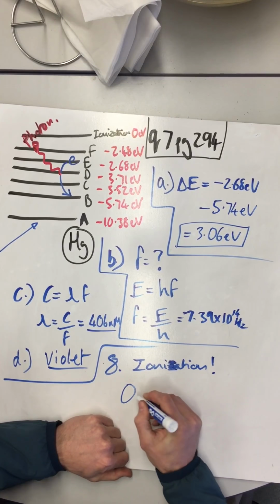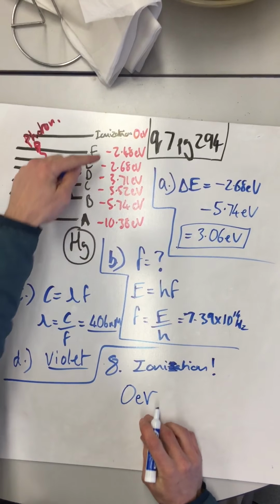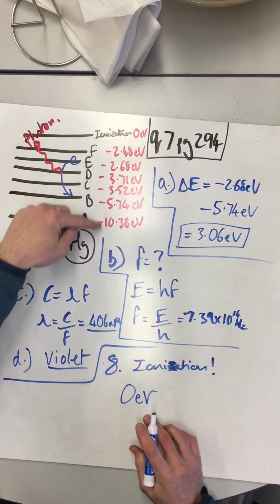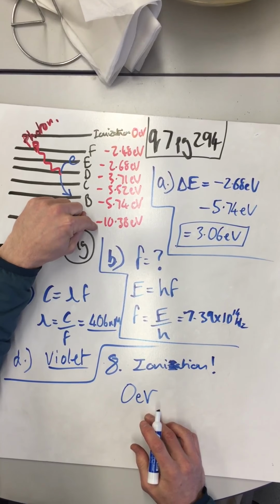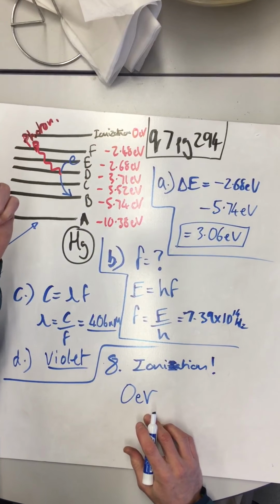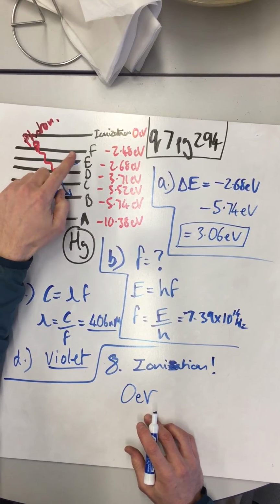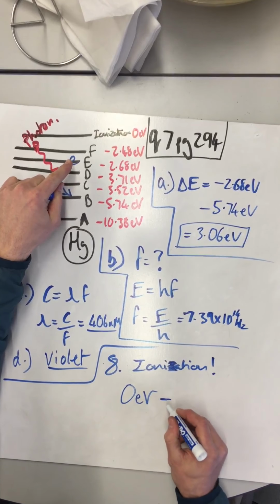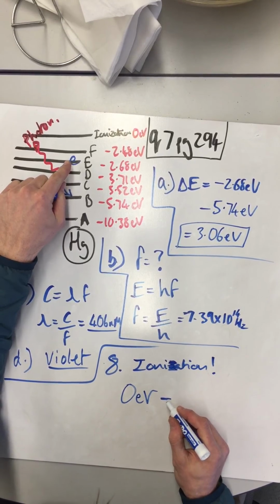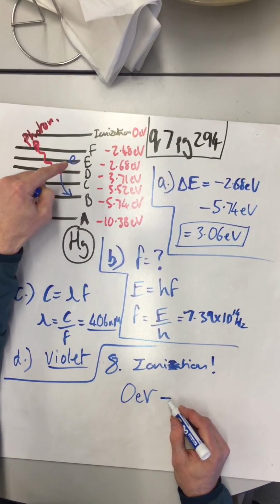Well, ionization, if we have our energy levels going this way, because remember, of course, sometimes you'll see them flipped, sometimes you'll see them with 0 at the bottom and then a positive at the top. But in this case, we want to get to our 0, that's our ionization, and then we're just going to subtract the energy that we were at.